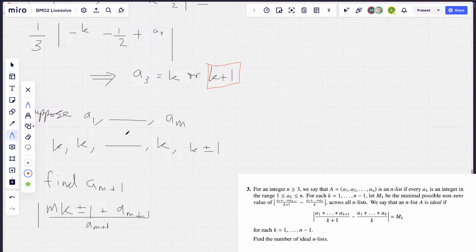Okay, we're doing the same thing then. Well, k is fixed. K is for the mk.